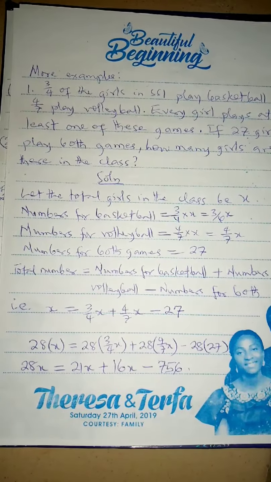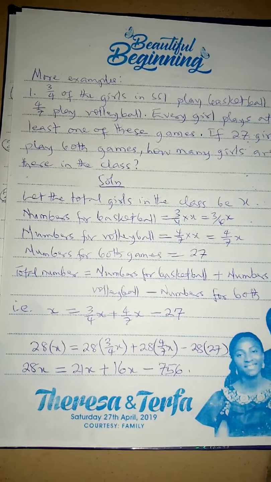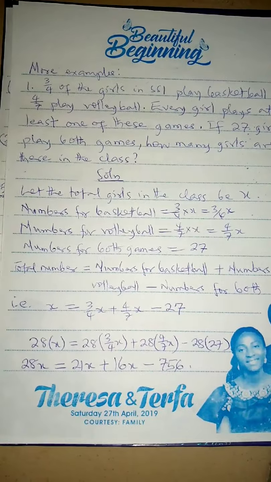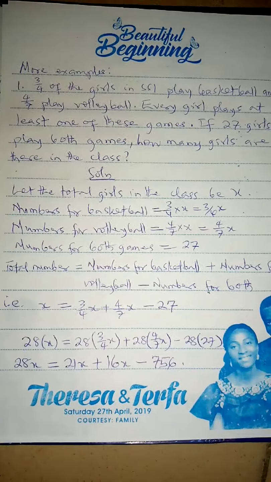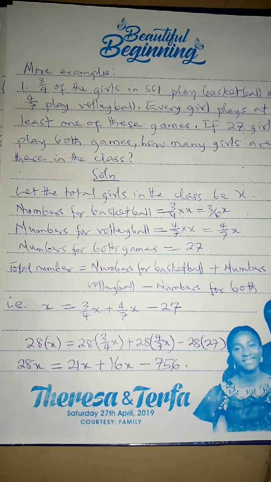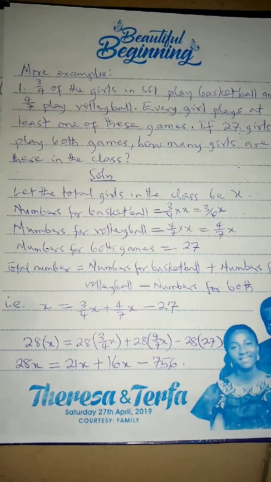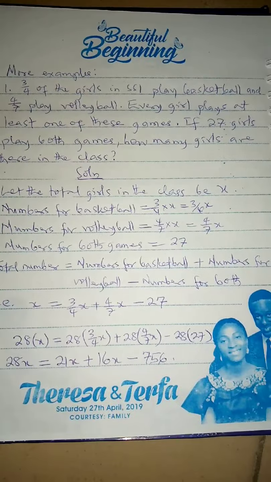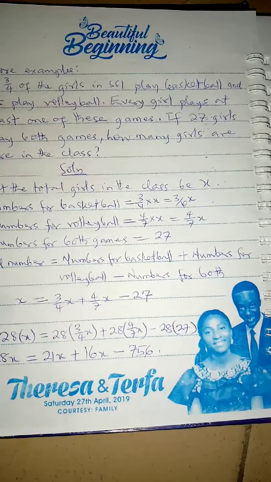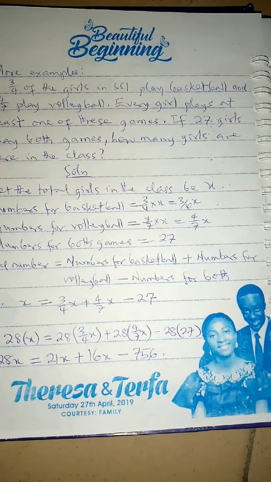The total number for the class will be arrived at by adding the number that played basketball to volleyball minus the number that played both games.